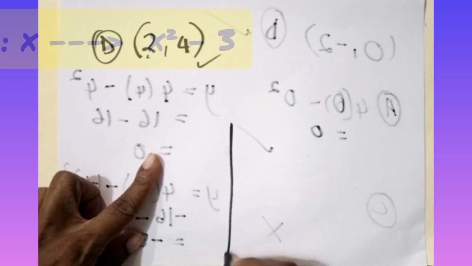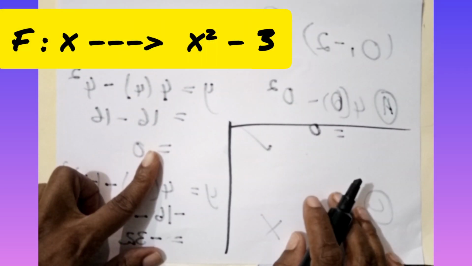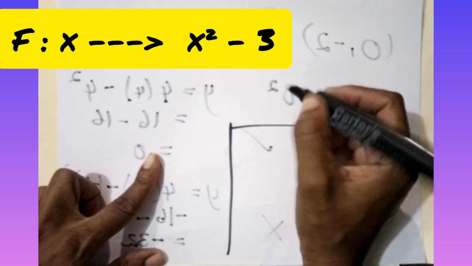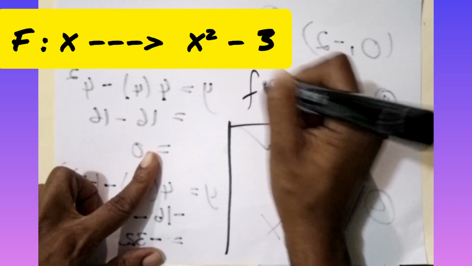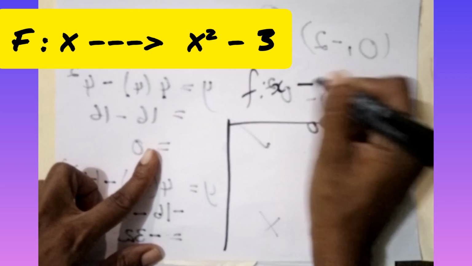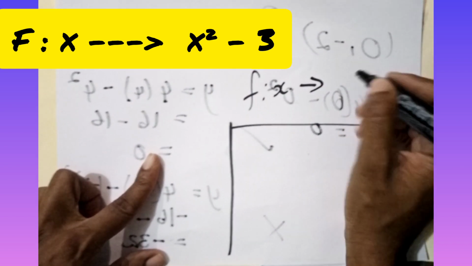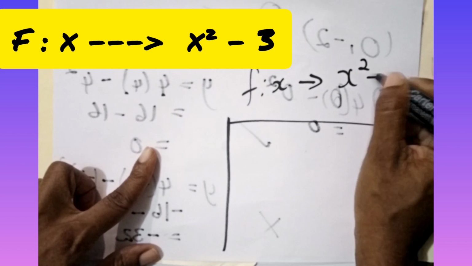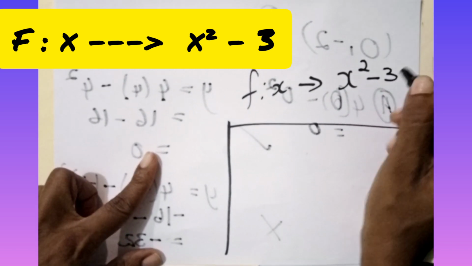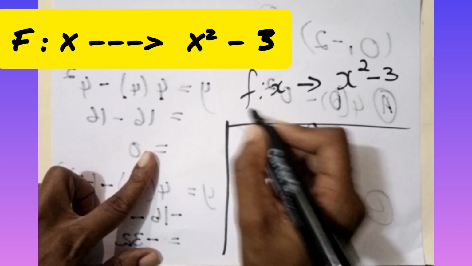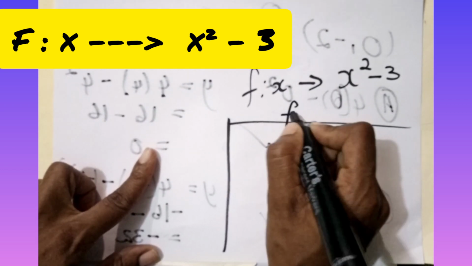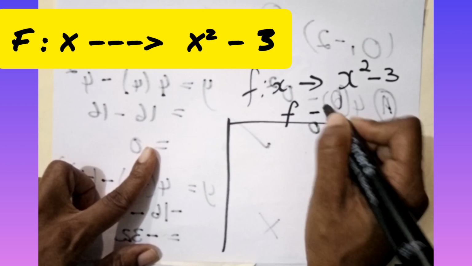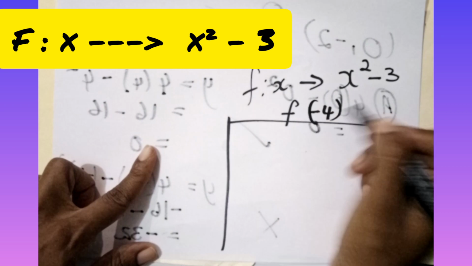All right, guys, since you have made it this far in this video, I just want to give you an extra question. So f of x is mapped onto x squared minus 3. What is f of negative 4? We're going to calculate f of negative 4.